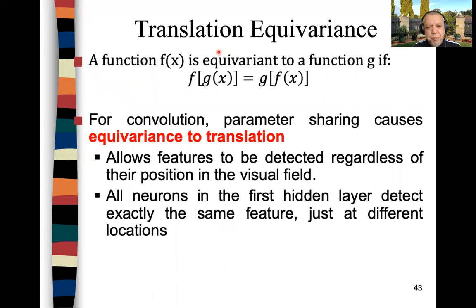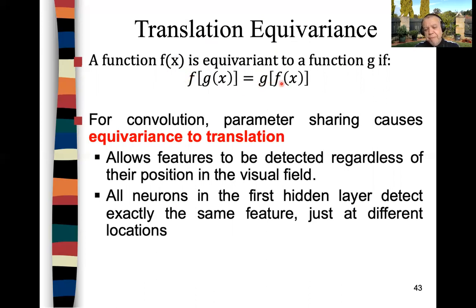The third property which makes convolutional neural networks attractive or more powerful than the fully connected layers is translation equivariance. If you have 2 functions, for example, f of x, you say that this function is equivariant to another function g if you apply g to a certain input, and then apply the result to the second function, it's the same thing as if you do the opposite.